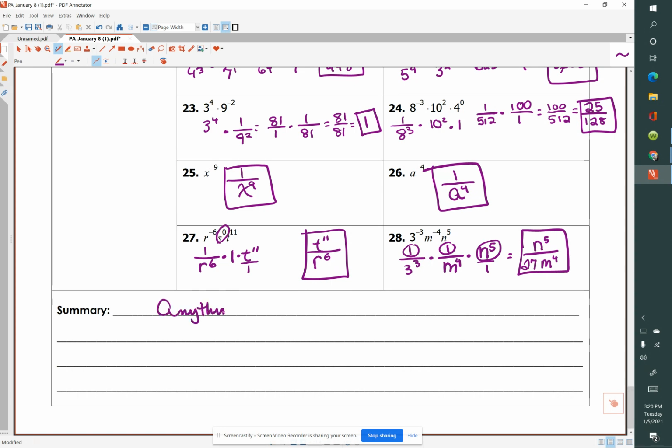So the summary: anything with a 0 exponent, except 0 itself, equals 1.